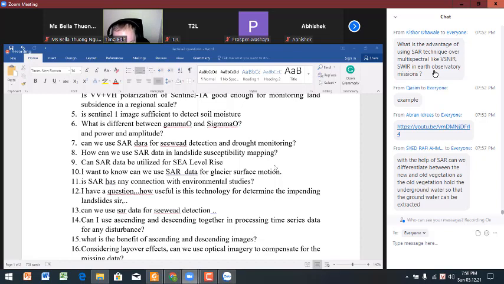How can we use SAR data in landslide susceptibility mapping? That's a good question, and we will come to that. We will come to all of that, surface motion. It's the main part of our course, measuring motion, surface motion and landslides. And we have basically two different ways.